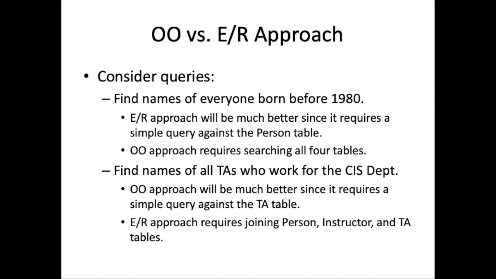Okay. Oh, and by the way, as long as I'm talking about that, this is one of the reasons why it's not a good idea to start designing by trying to decide what the tables should be, right?